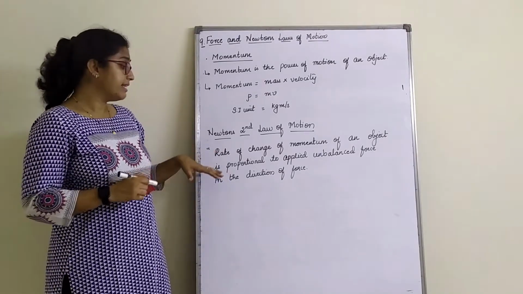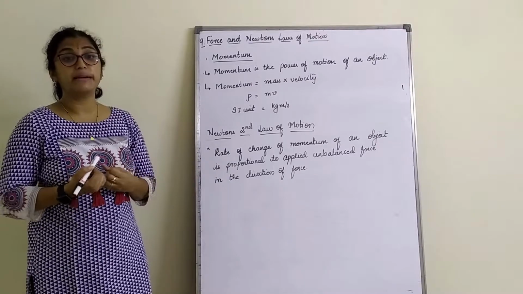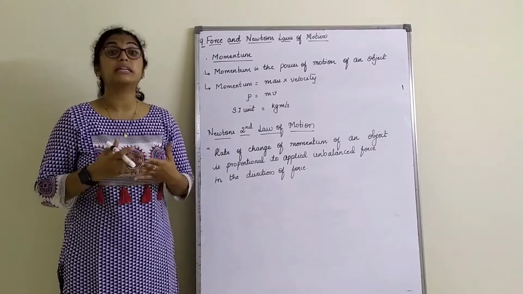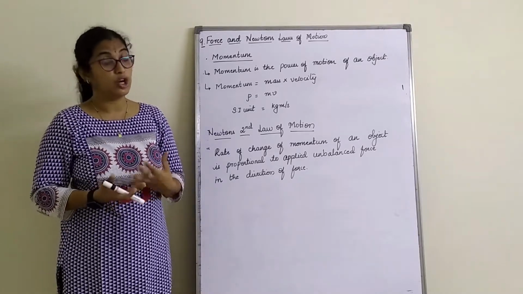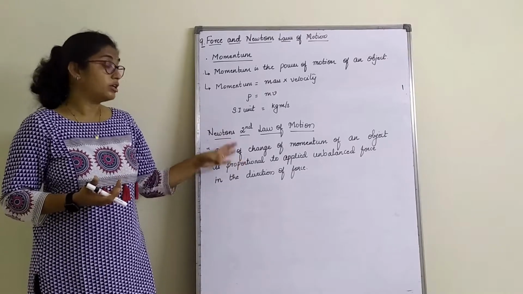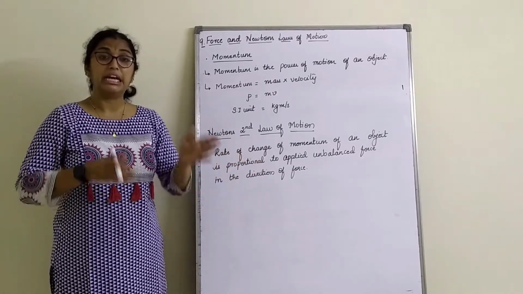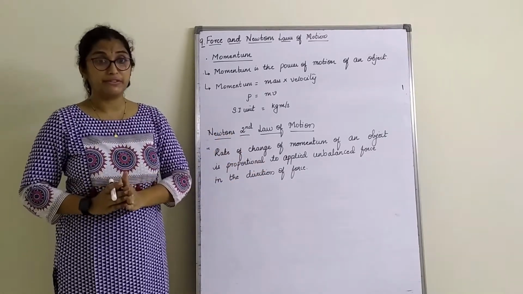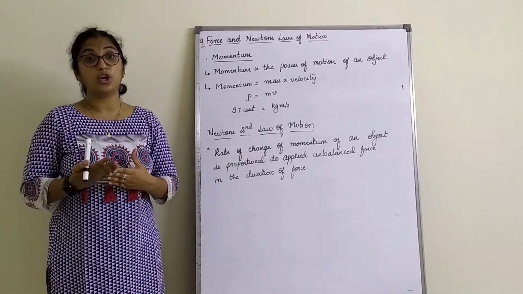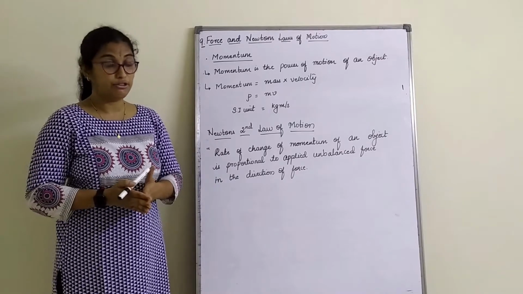That is, the rate of change of momentum is directly proportional to whatever force is applied on the given object. We are supposed to prove this second law statement mathematically, a very important derivation. It is usually asked, derive Newton's second law of motion mathematically, right?